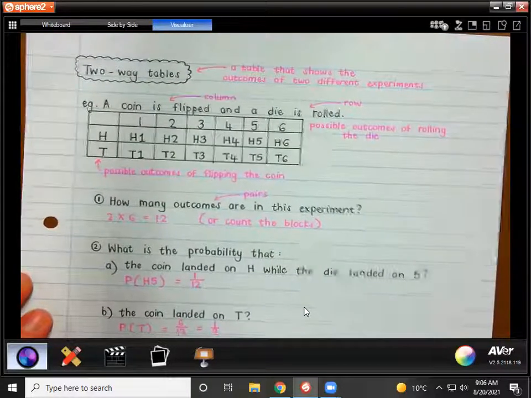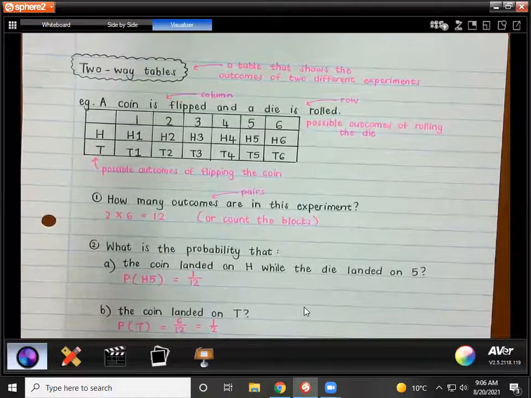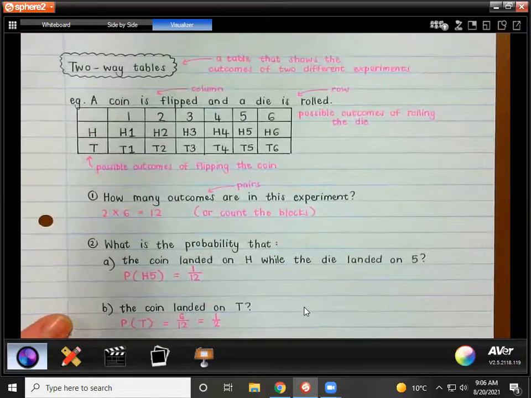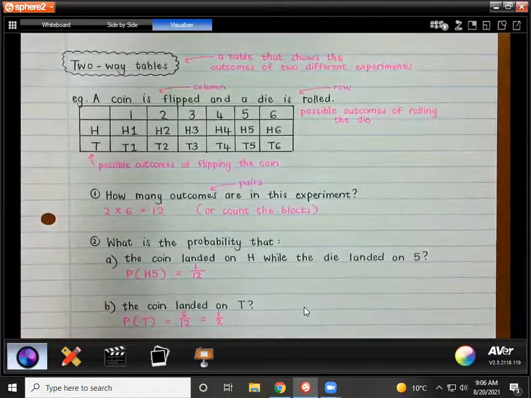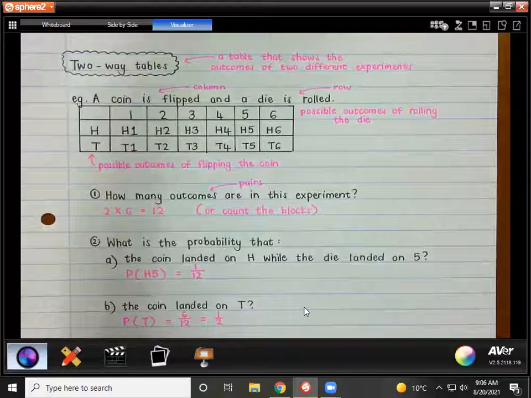Now I want you to quickly copy down this note. A two-way table. Just make a little heading and say probability two-way table. Two-way tables is a table that shows the outcomes of 2 different experiments.